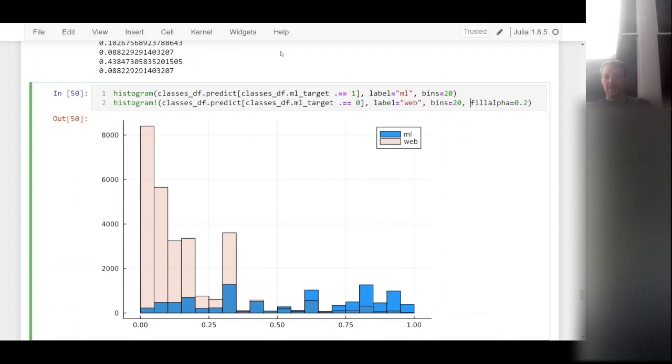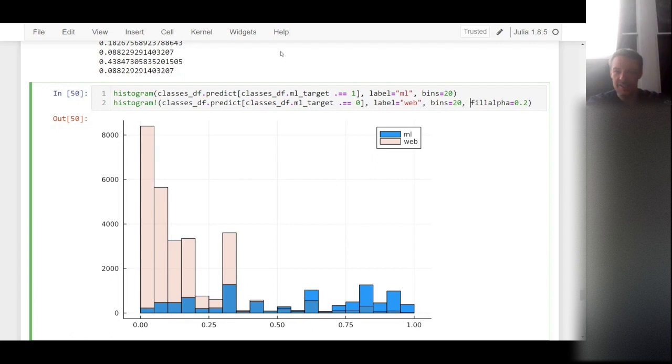Well, I solve it quite easily because I say, okay, this second one should be transparent. So alpha is this alpha channel for transparency. So I say web histogram should be transparent. So even if it overlaps with machine learning histogram, I will see them both.